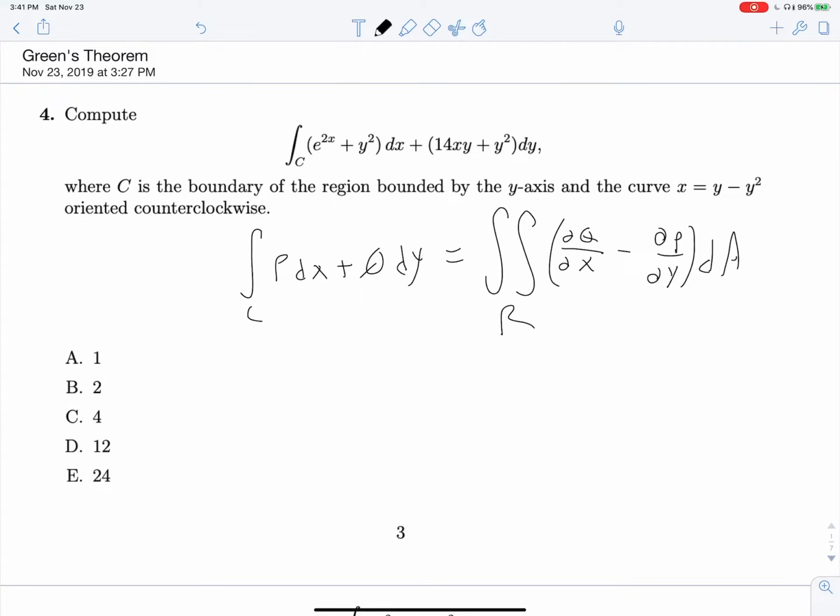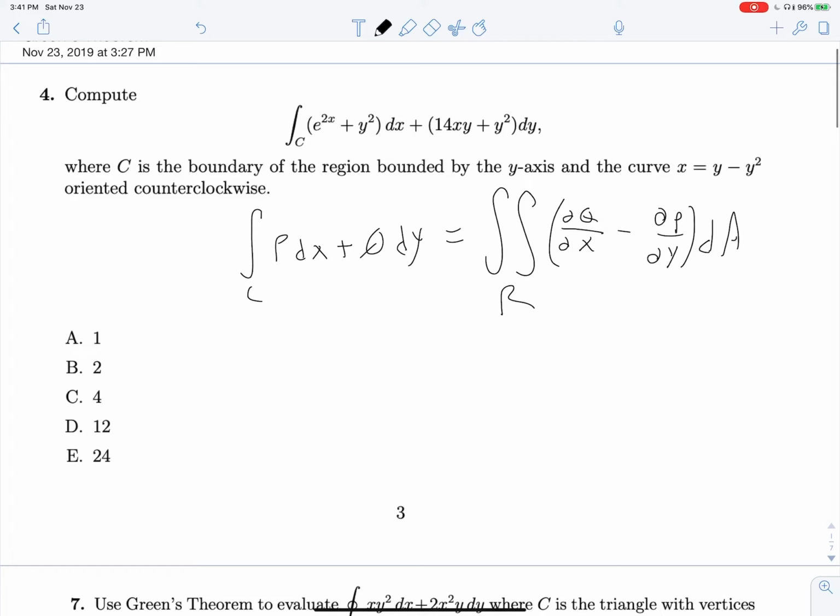And so we can apply this for essentially all of these questions, and we should be able to figure things out. So in this case, p is e to the 2x plus y squared, and q is 14xy plus y squared.